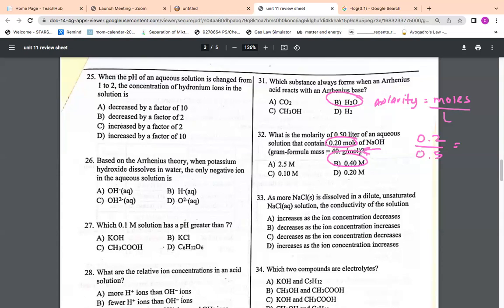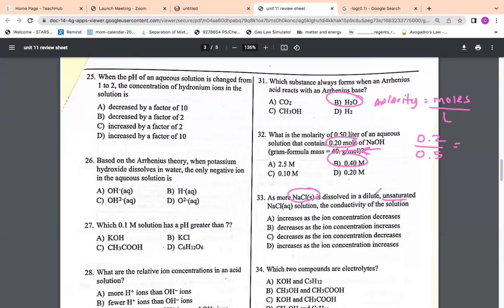33, as more solid sodium chloride is dissolved in a dilute unsaturated sodium chloride solution, the conductivity of the solution does what? So if you are dissolving salt in water into an unsaturated solution, again, unsaturated means that this given amount of water can still dissolve more solute.